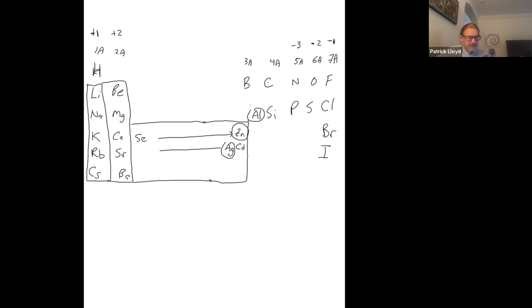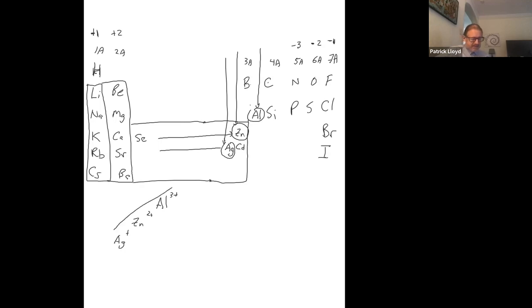And then aluminum, zinc, and silver, those are 3 you want to memorize. Aluminum, I'll write them down here, is +3. Zinc is +2. And silver is +1. So AZA, right?